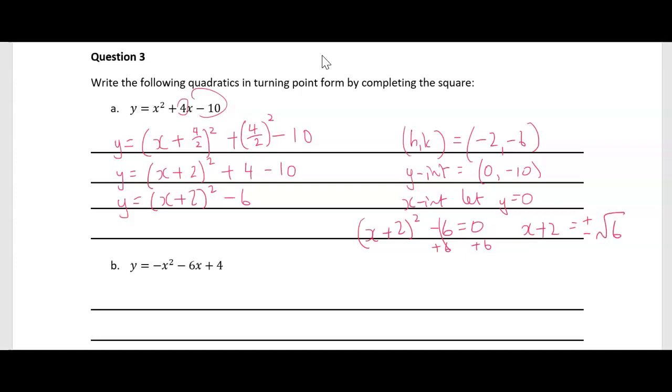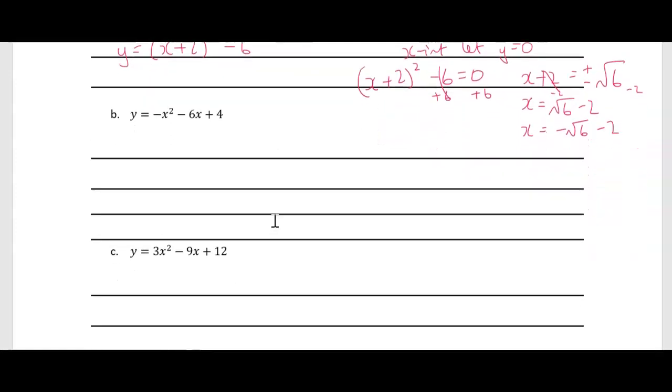So we take the square root to get rid of the squared on that bracket, and then we take away 2 from both sides. All right, so we're going to have root 6 minus 2 and negative root 6 minus 2. So they're your x-intercepts. You didn't have to do that for that question, but you will on your test, and probably a later question, but make sure you have them in your bound book.